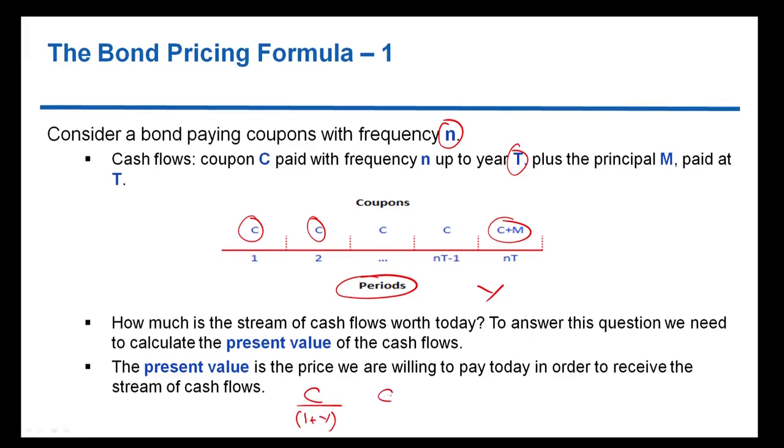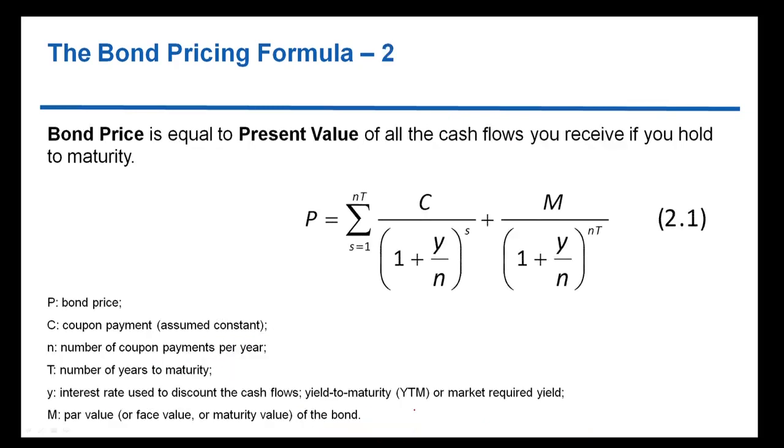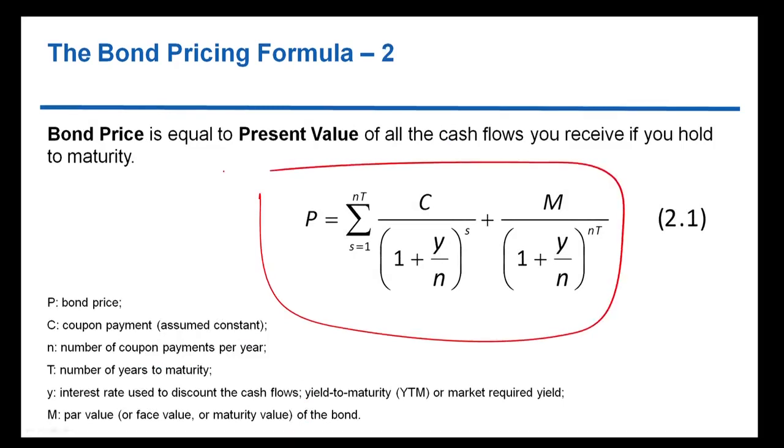In the second period, the second discounted coupon will be equal to C over 1 plus y squared, and so on up until maturity, when we will have to discount the cash flow C plus M by 1 plus y to the power n times T. Okay, and of course we should divide y by n, which is the frequency of payments. So if we discount the cash flows in this way, and then we sum them, then we are able to derive the bond pricing formula.